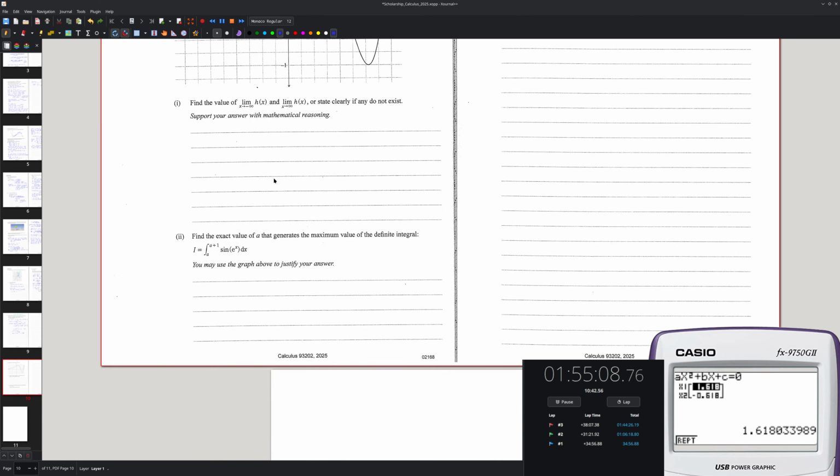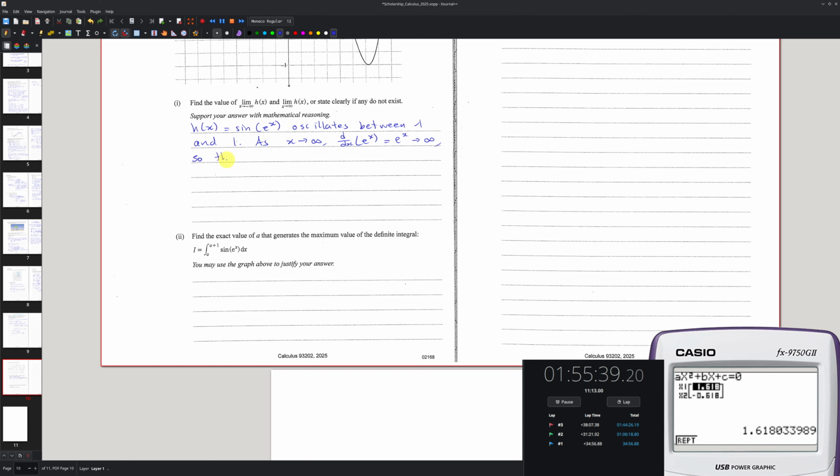So h of x is sine of e of x. So h of x equals sine of e to the x oscillates between -1 and 1 as x approaches infinity. The derivative of e to the x, which is just e to the x, approaches infinity.